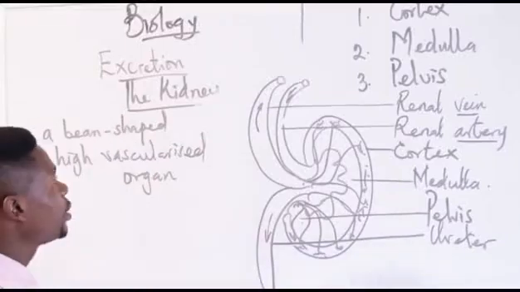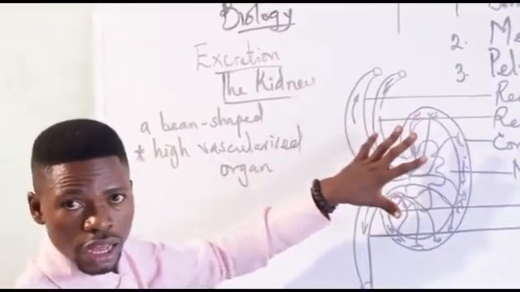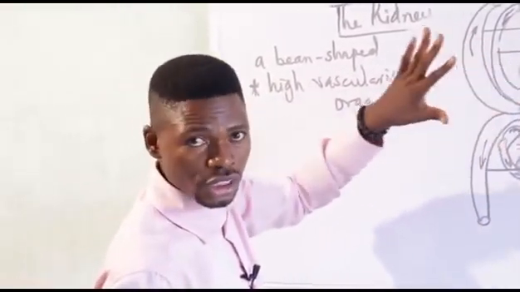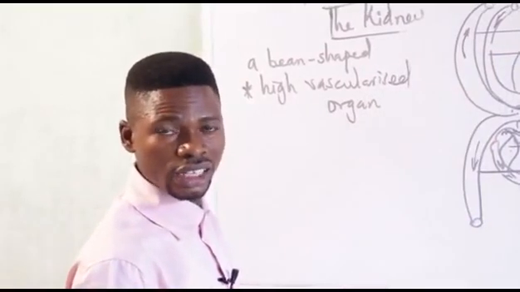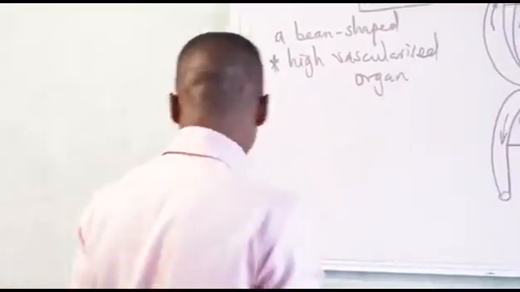Now we are going to quickly look at a very big topic, which is how urine is formed in the body. I told you earlier that that is where we are going.